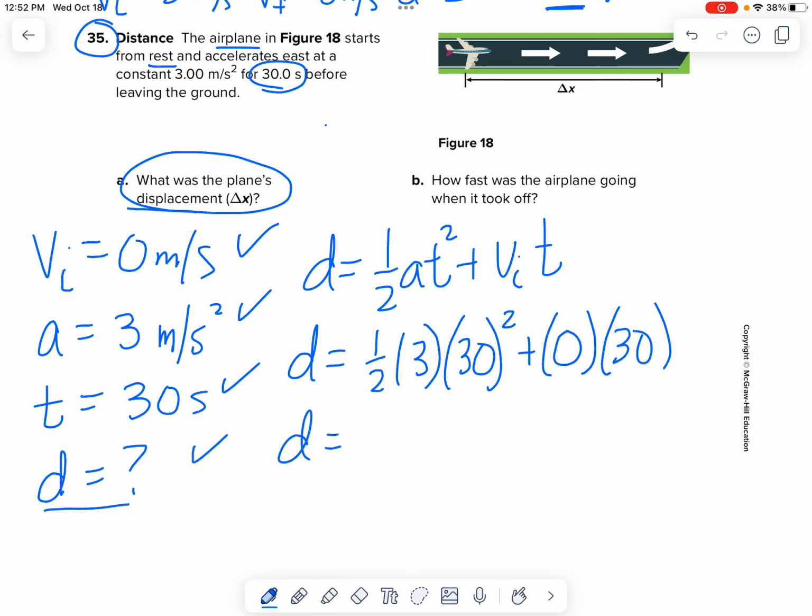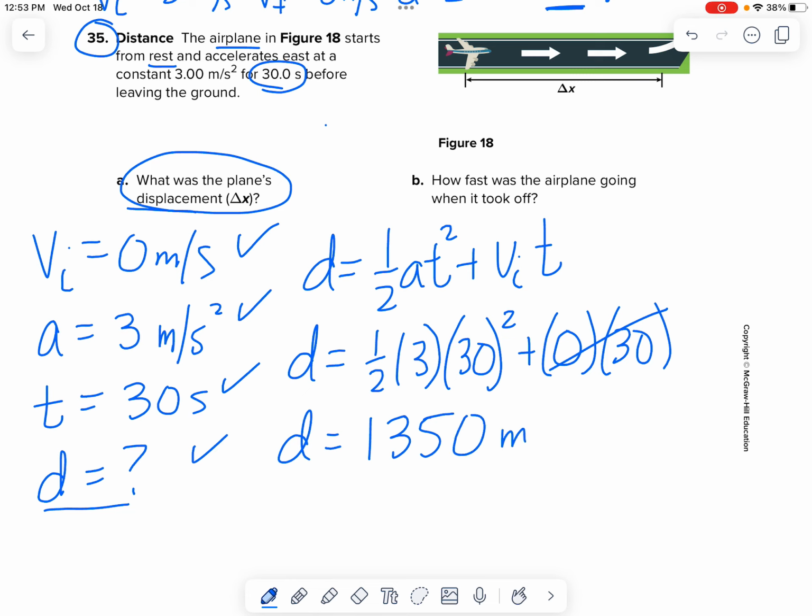This is 0. 0 times 30 is 0. So I need 1/2 times 3 times 30 squared. 30 squared is going to be 900. Half of that is 450, times 3 is going to be 1350, I think, if I did that correctly.